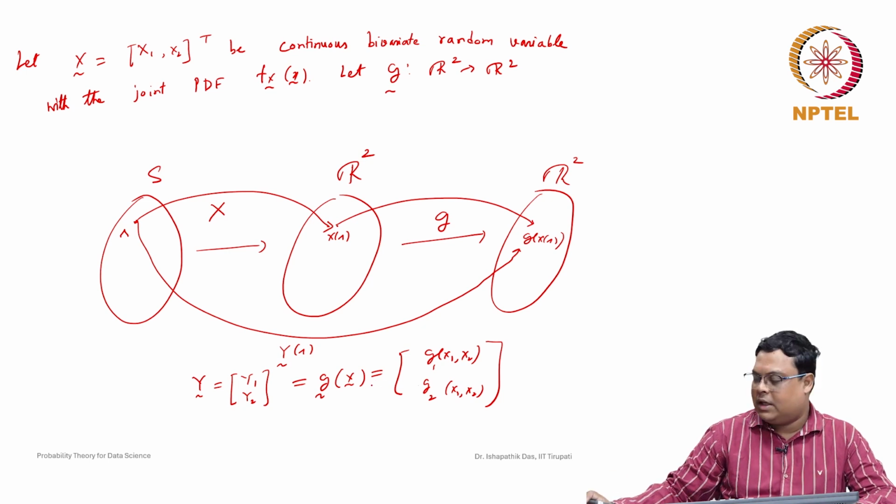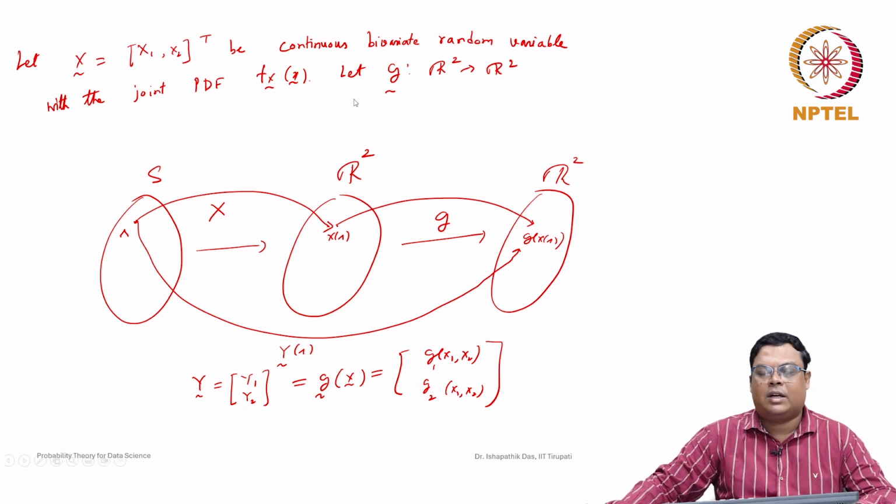But this function needs some properties, like earlier for the univariate case. We discussed that it has to be strictly increasing or decreasing, strictly monotone. Here also we will assume that g is such a function. Since it is a bivariate function, g is from R2 to R2.